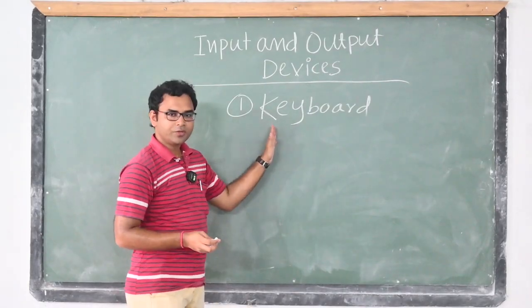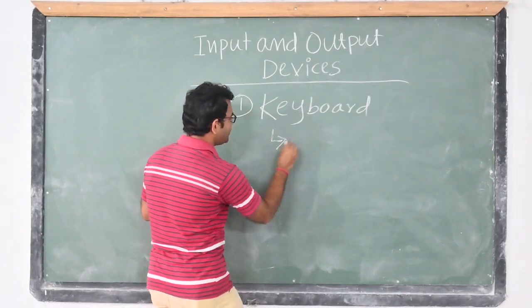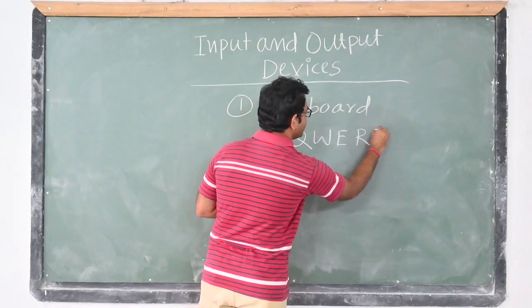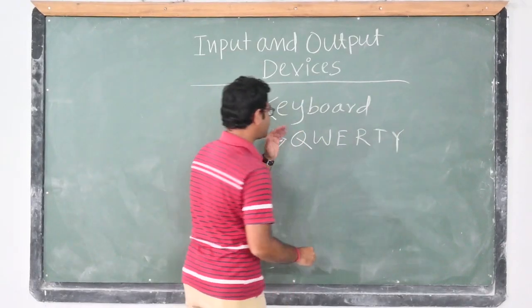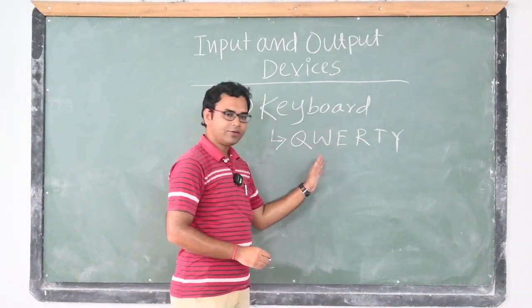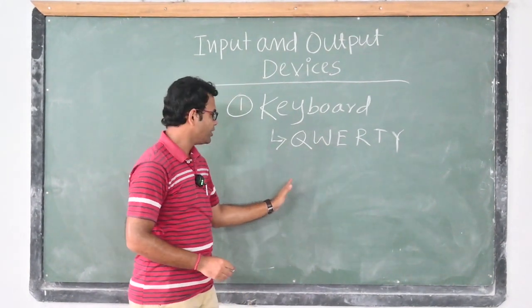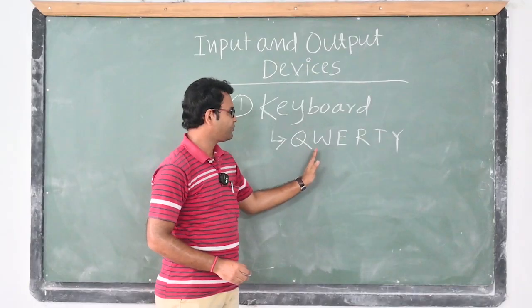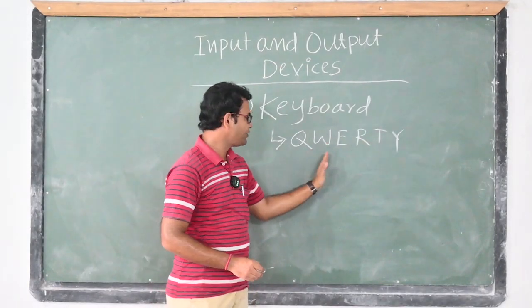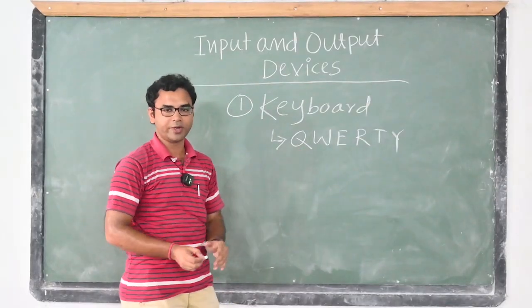The keyboard basically follows the QWERTY format, because whenever you see the keyboard you cannot get the letters in the order A to Z, but you get a letter format that starts from QWERTY. For that reason it is called the QWERTY keyboard format.